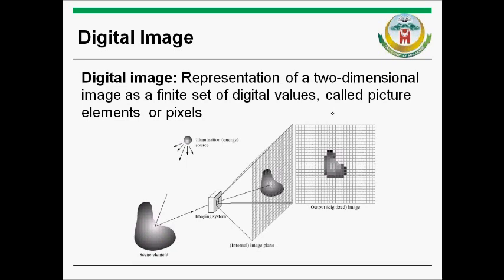So first is the digital image. A digital image is actually a representation of something in the form of a 2D plane with a finite set of elements. You will be having some scene from the external environment, and then you will represent this scene on a 2D plane. So this 2D plane is actually a set of finite components.